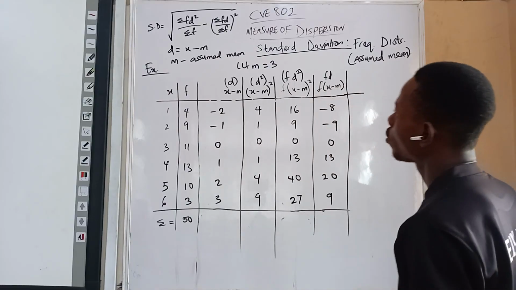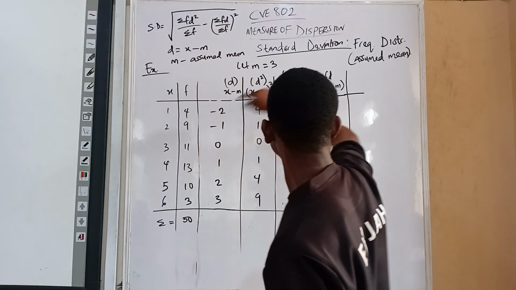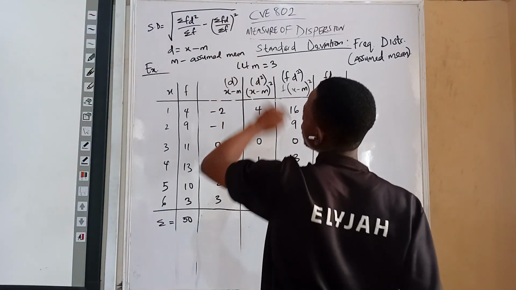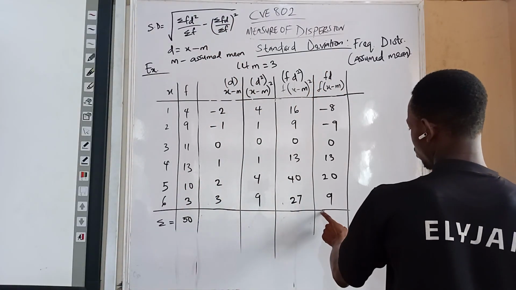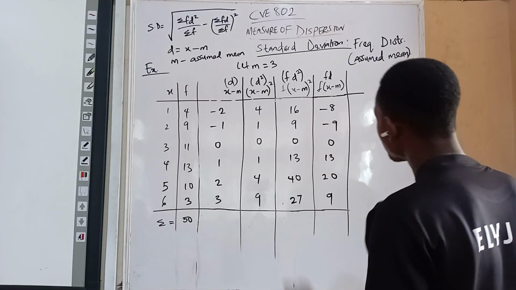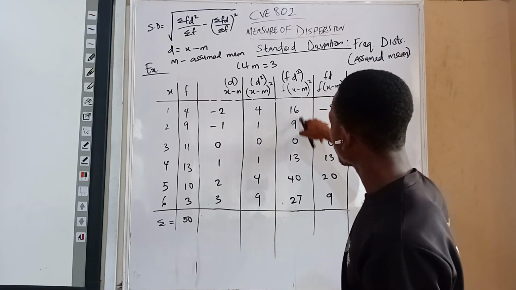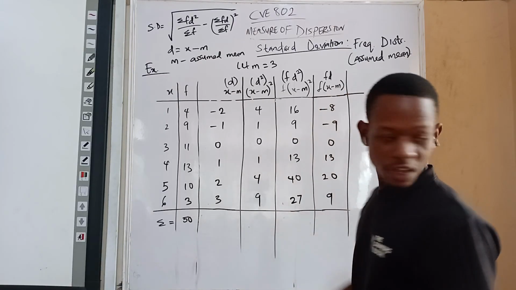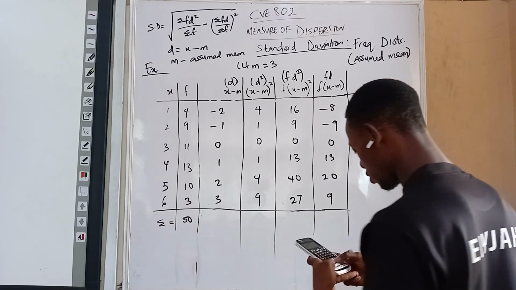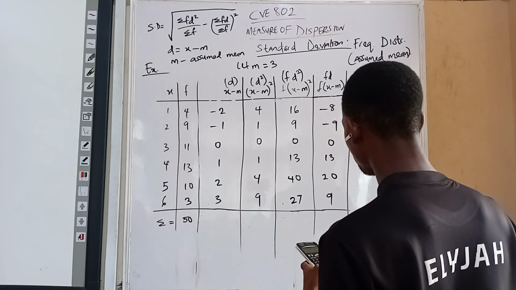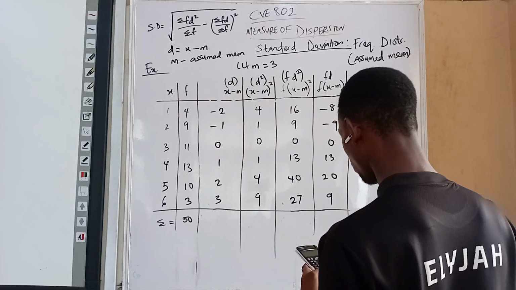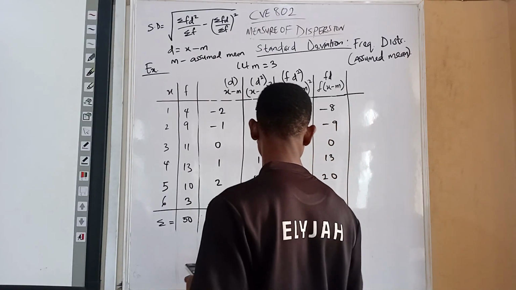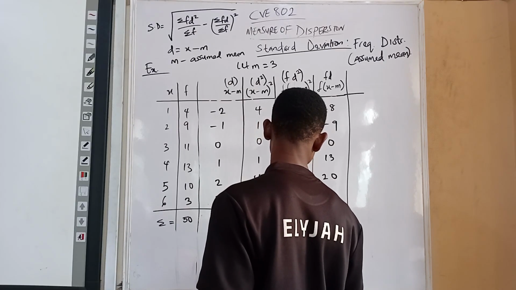So here we need the summation of fd squared, and also the summation of fd. If we add this together, 16 plus 9 plus 13 plus 40 plus 27 gives us 105.